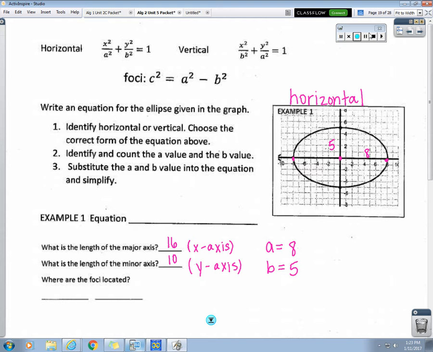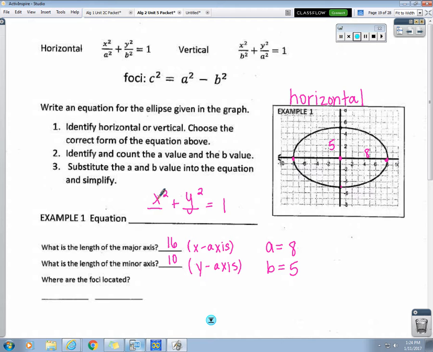Yes? Okay, so now that we have the A and the B, we're able to write our equation of this ellipse. Since it's horizontal, you're going to be using this one. X squared plus y squared equals 1, and then over A squared and over B squared. Just use your common sense.